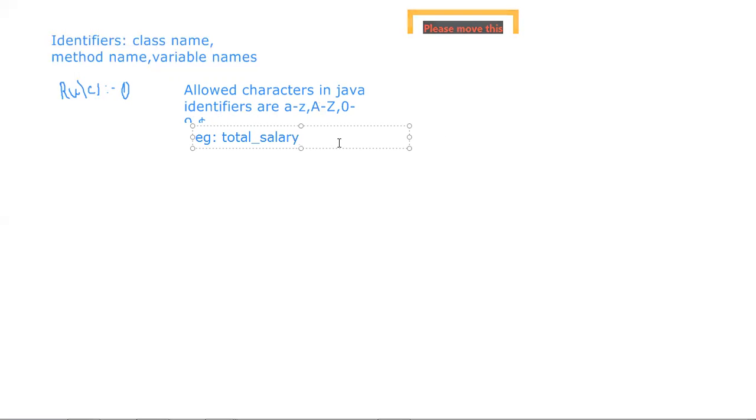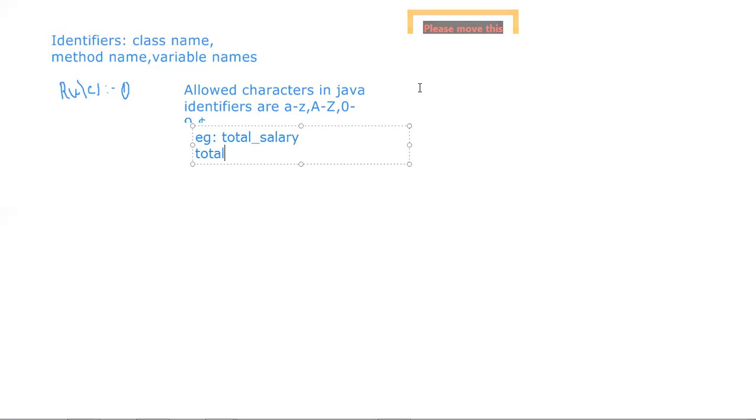But if I write total with a star symbol or total with a hash, I can't use this. This is not allowed in Java. If I want to use special characters, I can use only dollar and underscore, not hash or any other character. This is rule number one. I took an example of a variable, but it's applicable to both classes and methods.